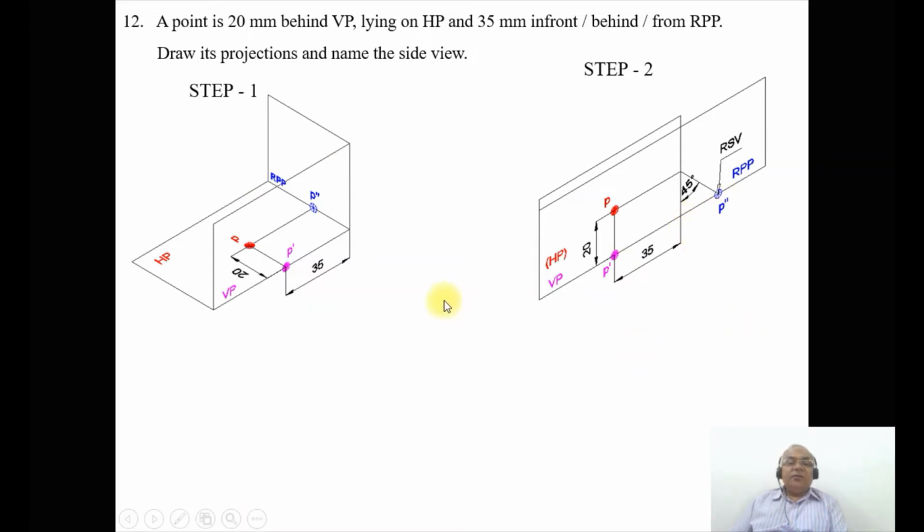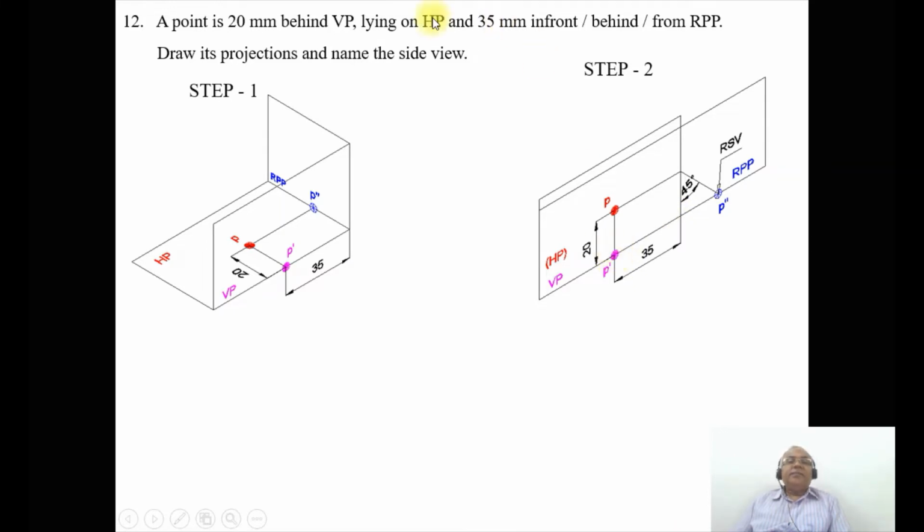We can see, when you look from the front view, the distance with respect to the profile plane, that is 35 mm behind RPP, is taken in both VP and HP. Since both VP and HP are above the XY line, from here you measure that 35 mm.